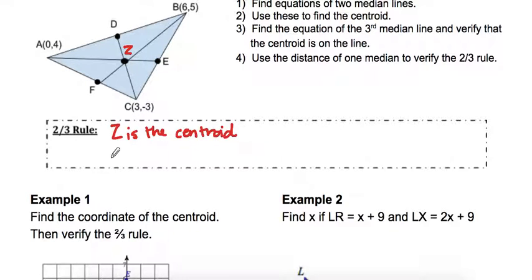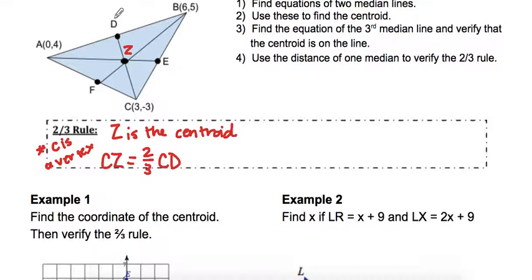So CZ, the length of CZ, is 2/3 of the entire length of CD. And C has to be a vertex, so we could have used any of our vertices. So AZ is 2/3 of AE. BZ is 2/3 of BF.